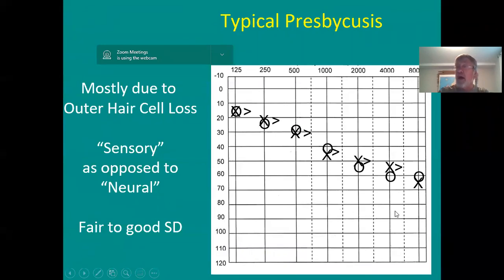You know that that person has not only outer hair cell damage, but also inners. They have to, because the most hearing loss that outer hair cell damage can cause is a mild to moderate loss, around 50. So if the hearing loss gets to be worse, inners have to be involved. And then a flatter loss that isn't so terribly bad, with decent speech discrimination, is strial presbycusis caused by lack of blood and oxygen supply to the hair cells.